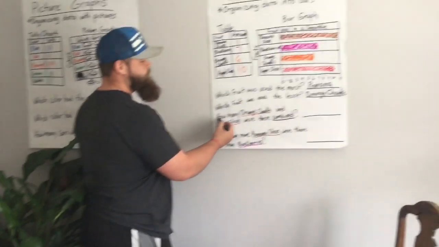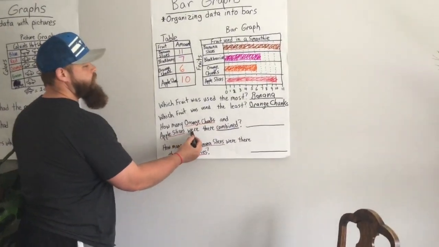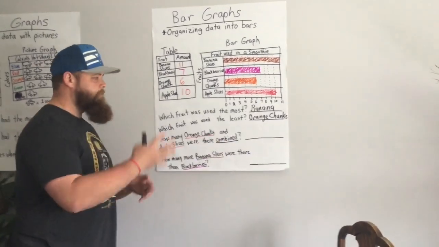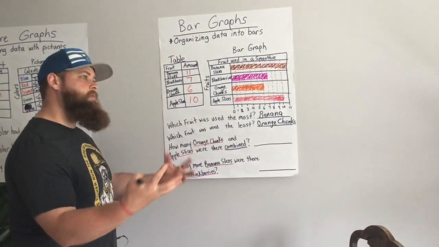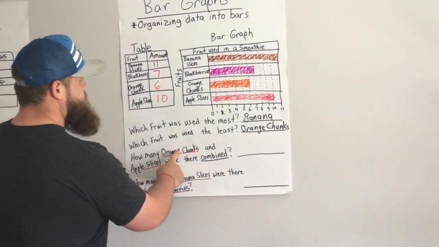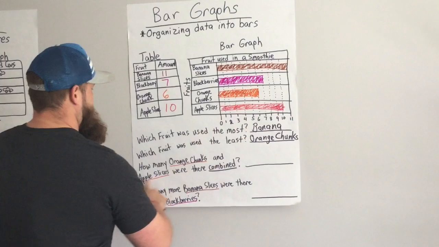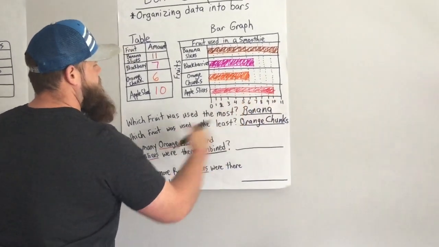Next one asks me, how many orange chunks and apple slices were there combined? The word combined, I know that when I take two things and put them together, that's when I combine. So in math, when I take two things and put them together, it's the same as adding. So I'm going to take my orange chunks number, which is 6, my apple slices number, which is 10, and I'm going to combine them.